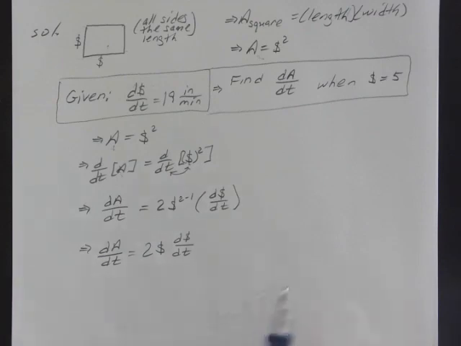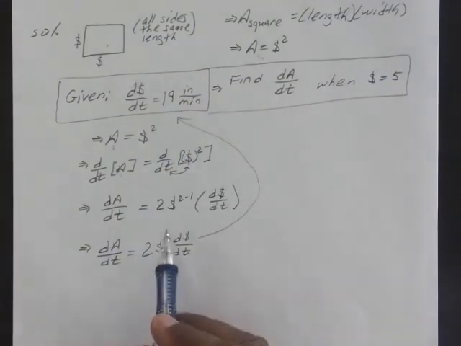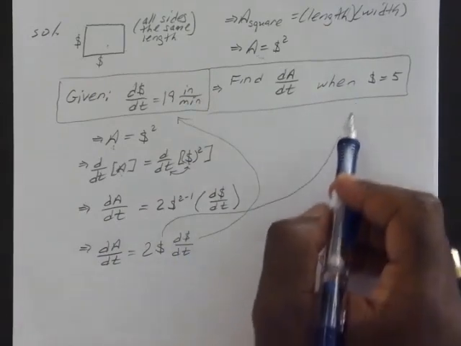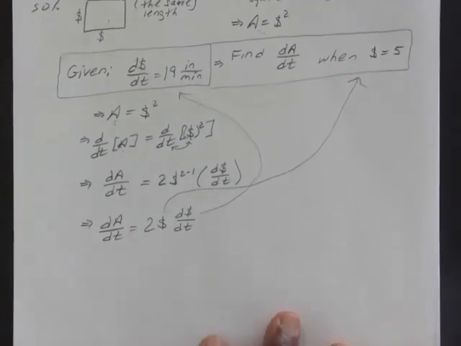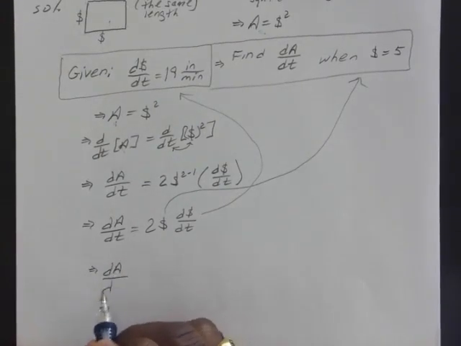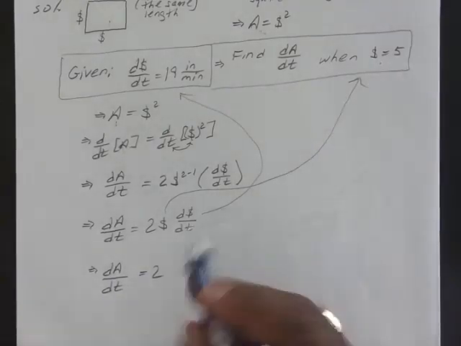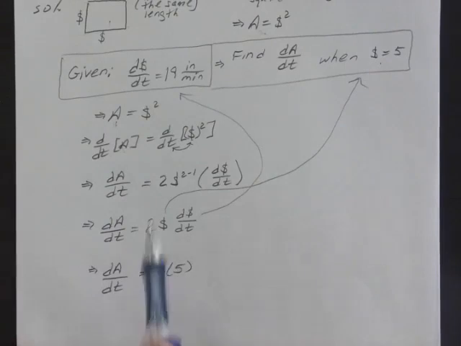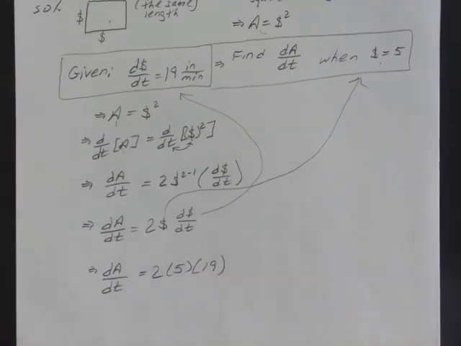Okay, so now we can take everything here and plug in the values that we were given. Which means that the rate of change of the area with respect to time is equal to 2 times S, which is 5 inches, times the rate of change of the side with respect to time, which is 19 inches per minute.